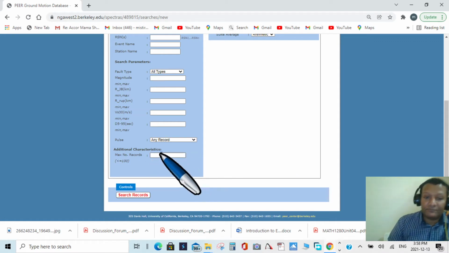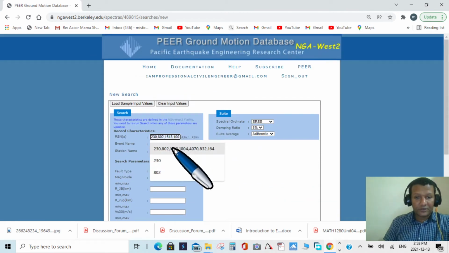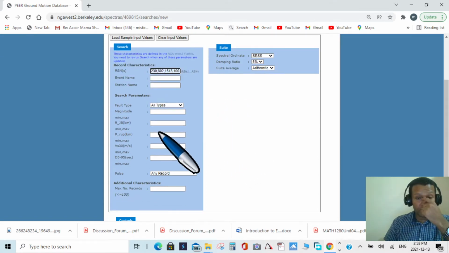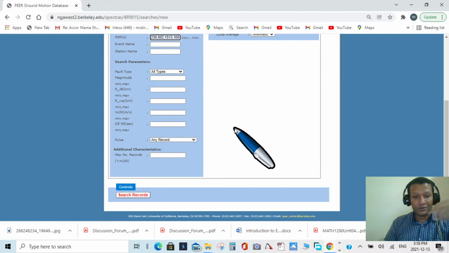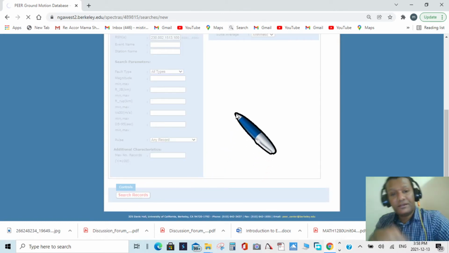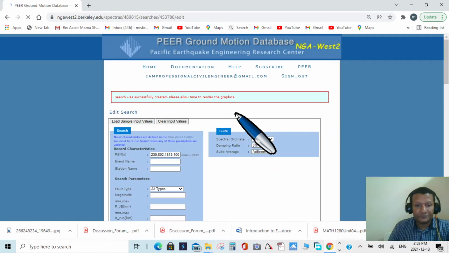For us, for example, this is the RSN numbers I used for my site. Otherwise, you can fill in everything and generate, then search results.